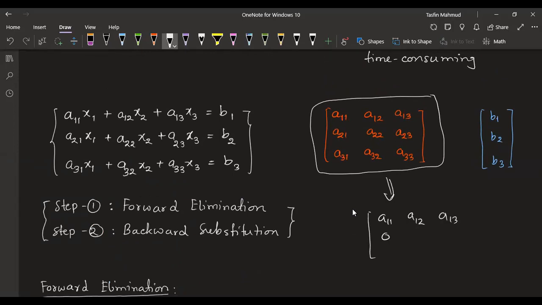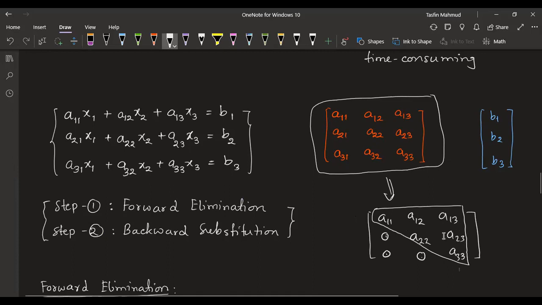Two zeros here, so we want to form a matrix that looks like this. We call it upper triangular matrix.